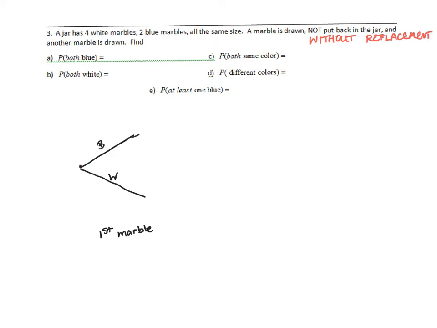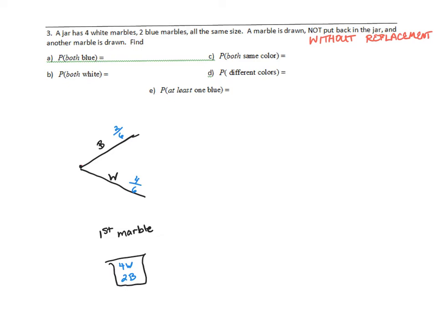Now, when we pick the first marble, our jar looks like this: 4 white and 2 blue. So the probability of picking a blue marble is still 2 out of 6. The probability of picking a white marble is 4 out of 6. So everything looks the same so far.